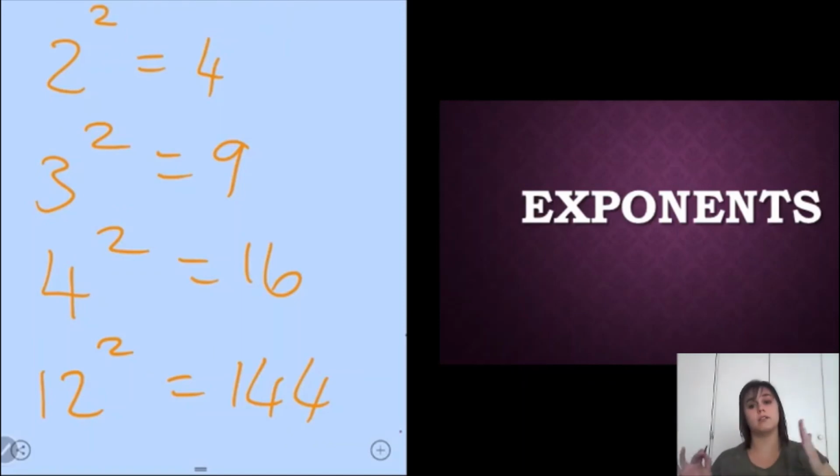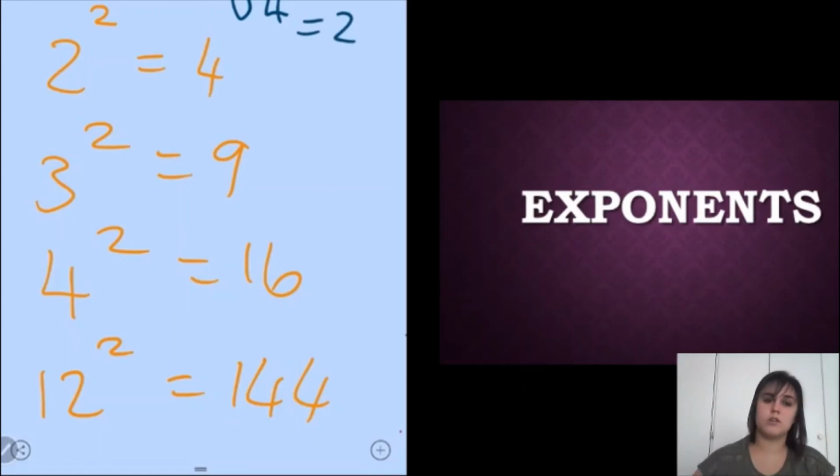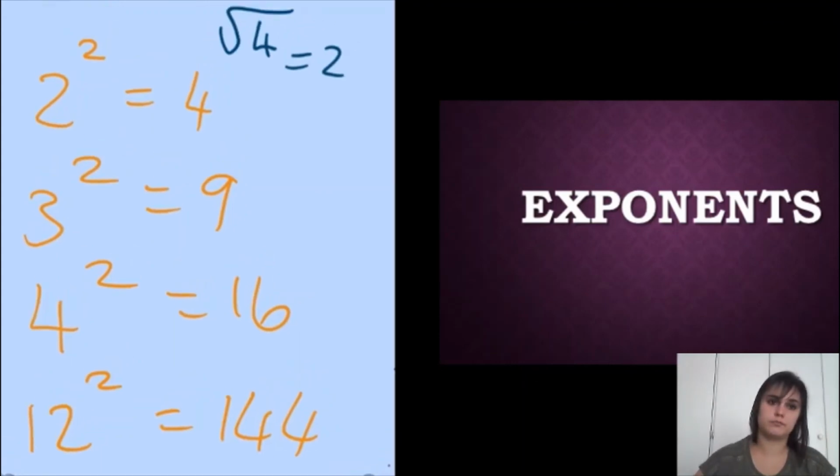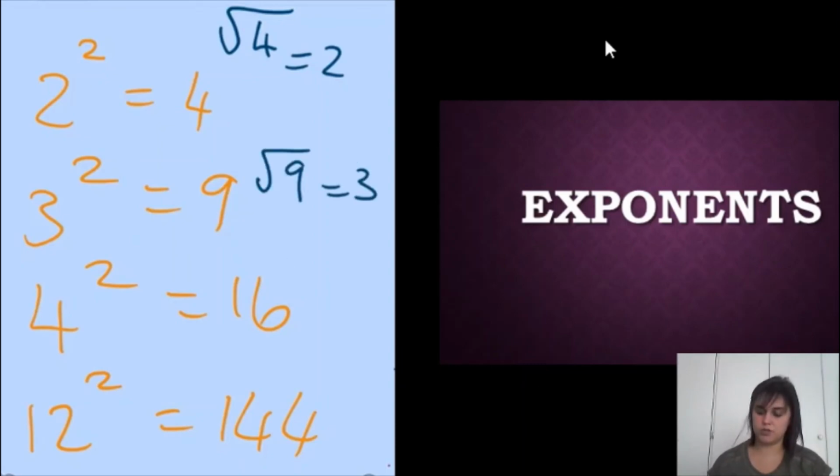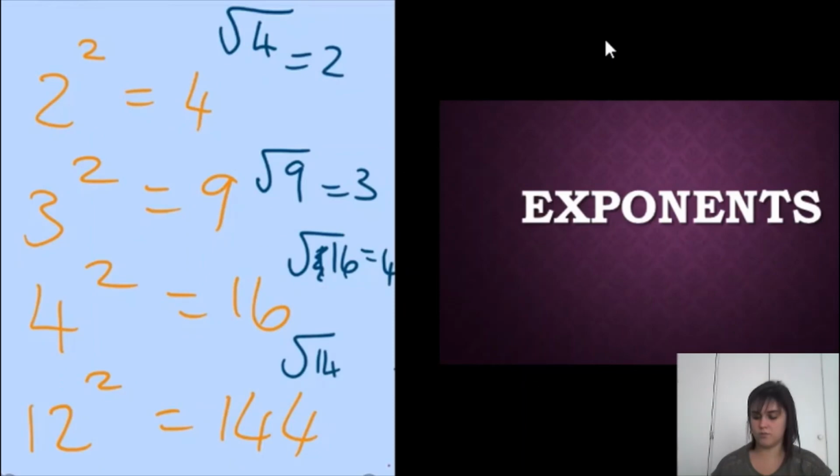Don't forget about their inverse. Square root of 4 will give you 2. Square root of 9 will give you 3. Square root of 16 will give you 4. So the square root of 144 will give you 12.